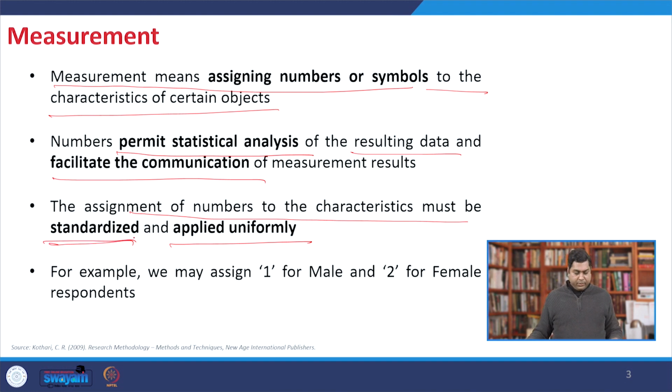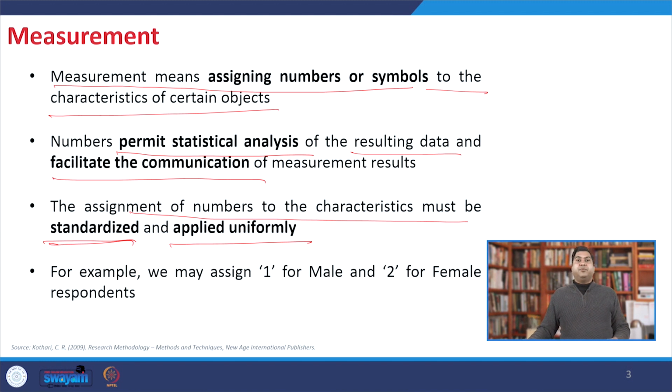standardized and applied uniformly. Say for example, many a time in the socio-demographic information that we collect, we also collect information related to gender. Nowadays we collect the options male, female, transgender, or many a time we go for others, because there are other classifications of gender as well.